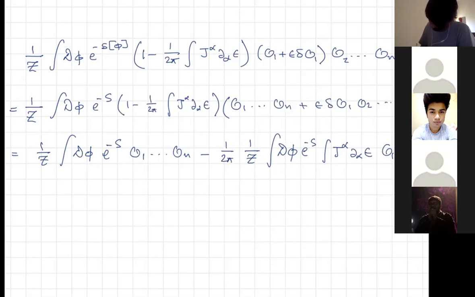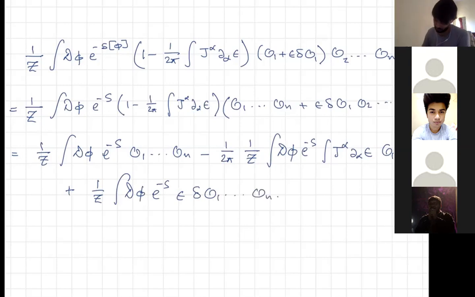And then you have the other term, which is 1 over z integral del phi e to the minus s epsilon into del O1 to ON.